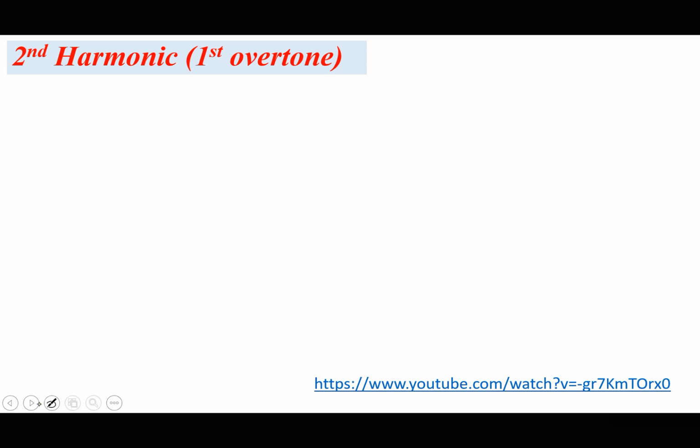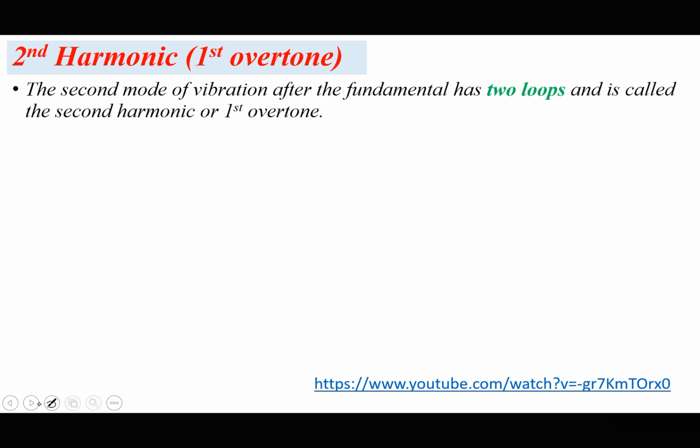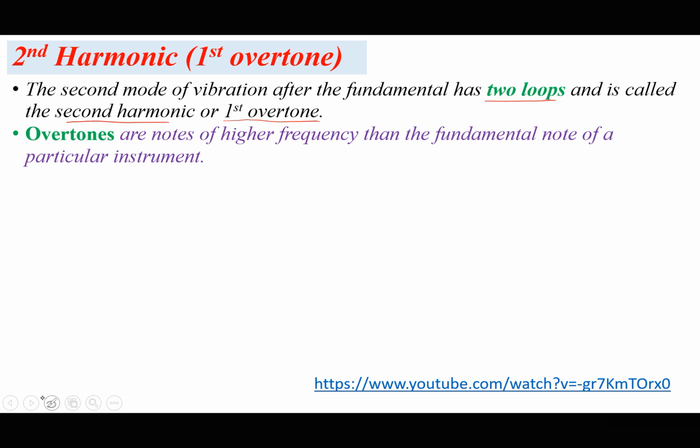The second mode of vibration after the fundamental has now two loops and is called the second harmonic. We are calling it the second harmonic because it has two loops. Sometimes it is called the first overtone, but an overtone just means notes of higher frequency than the fundamental note or fundamental mode.